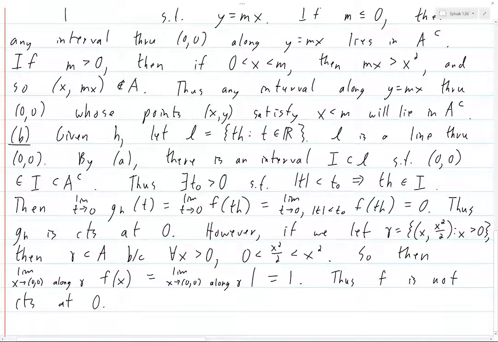And that's because we've taken the limit as x approaches the origin of f of x in multiple ways and obtained different answers. And so therefore the limit does not exist, and continuity at the origin is equivalent to this limit existing, and the limit does not exist, so it's not continuous.